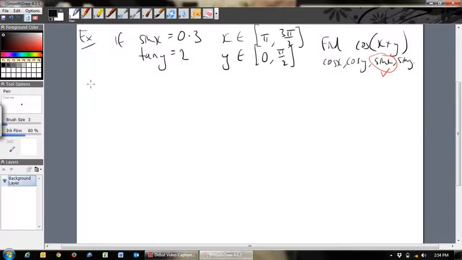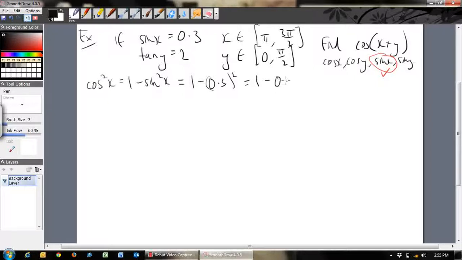Well, we know sine x, so I reckon cos x will be easy to find. Using our trigonometric identity, cos squared x is equal to 1 minus sine squared x, which is 1 minus 0.3 squared.